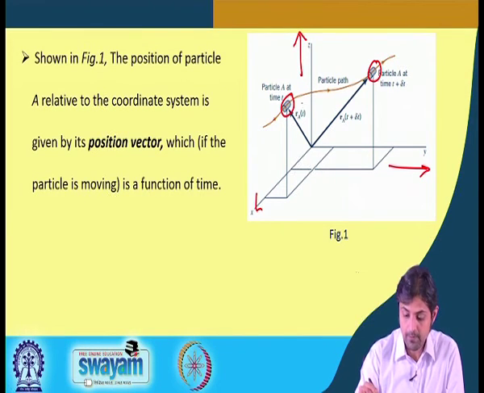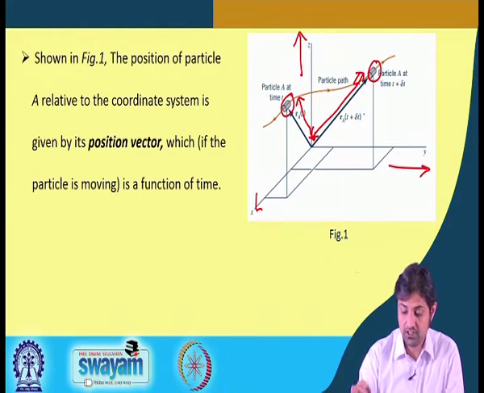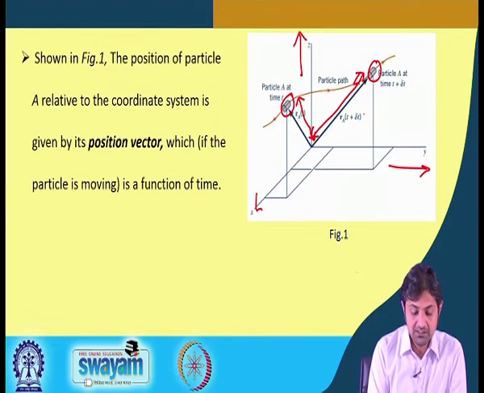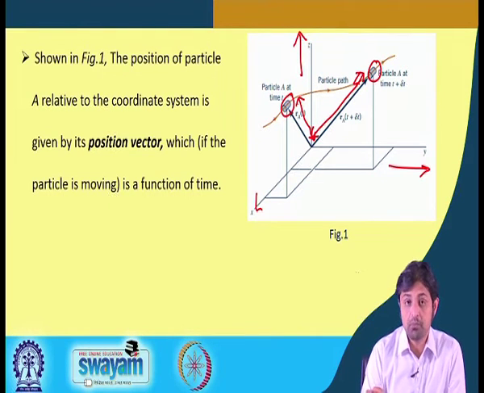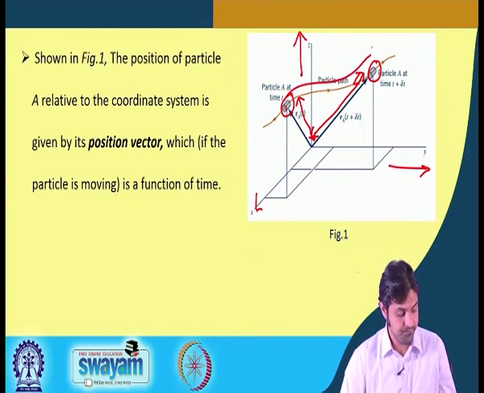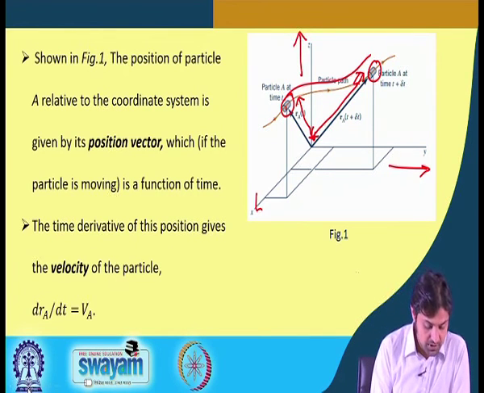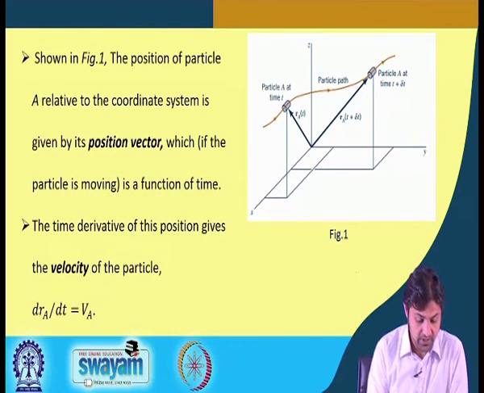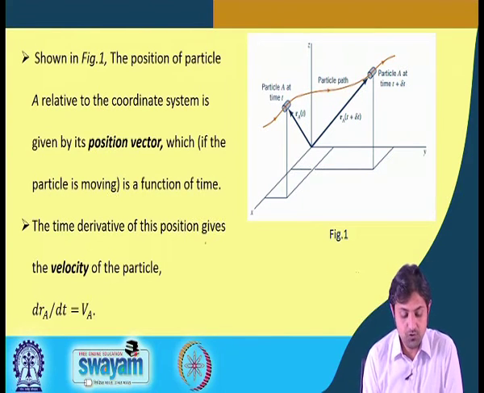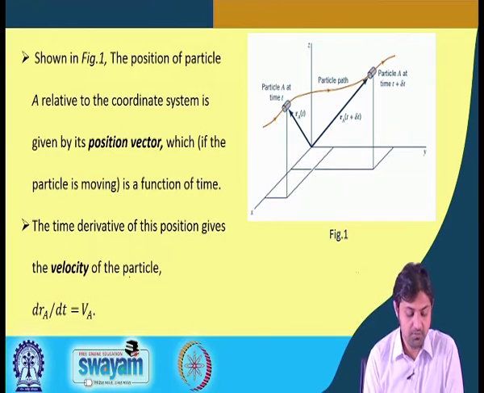So this is the position vector at time t, and this is a different position vector at time t plus delta t. So considering the particle is moving, the particle has moved from this point to this point via this path. So the time derivative of this position gives the velocity of the particle.